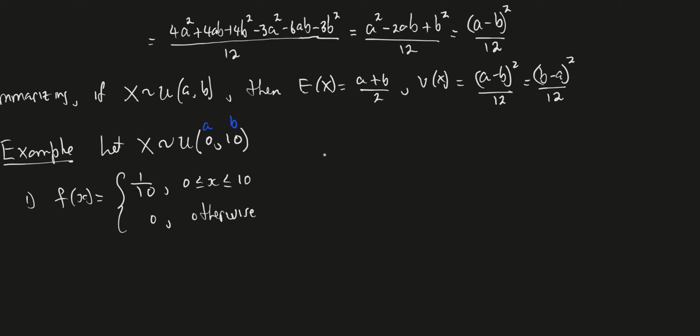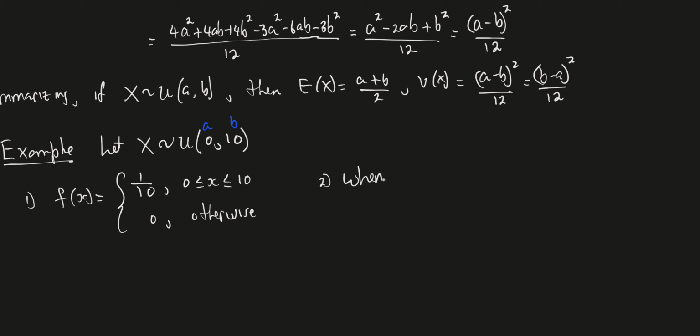Let's say we wanted to find the CDF. Well, let's do that right here. So remember, the CDF is the area function of the PDF. Since the PDF is piecewise, the CDF will also be piecewise. So let's start by saying, what happens when x is less than 0?